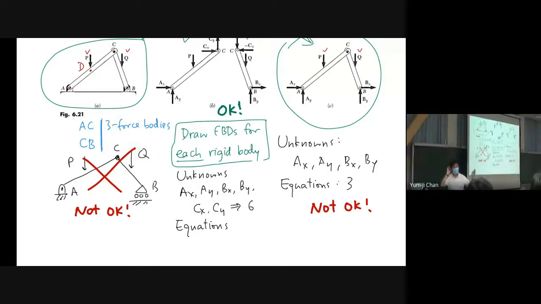So we have 3 equations on the left and 3 equations on the right. So we have 3 times 2, equal to 6 equations. On the left, for AC we have 3 equations, and we have 3 equations on the right. So we have 6.